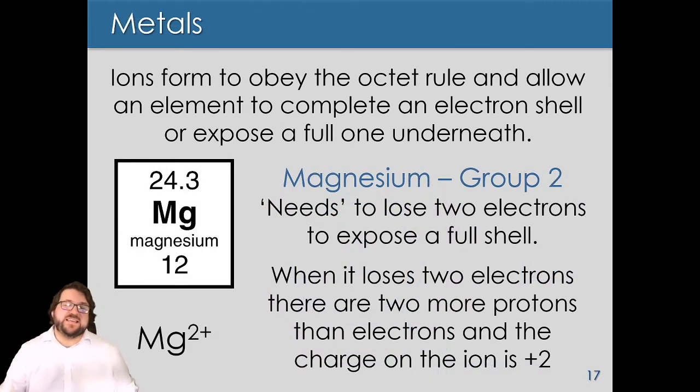So I'd like you to be able to look at the periodic table and decide what charge an ion is going to have, especially if it's in the s and p blocks. Remember, for the d block, it can be quite variable. I'd like you to be able to make an argument one way or another as to what you think it's going to do, but definitely for the s and the p elements, you want to be able to say, oh, it needs to lose 2 electrons, or it needs to gain 4, or whatever that is. So the example here is magnesium.